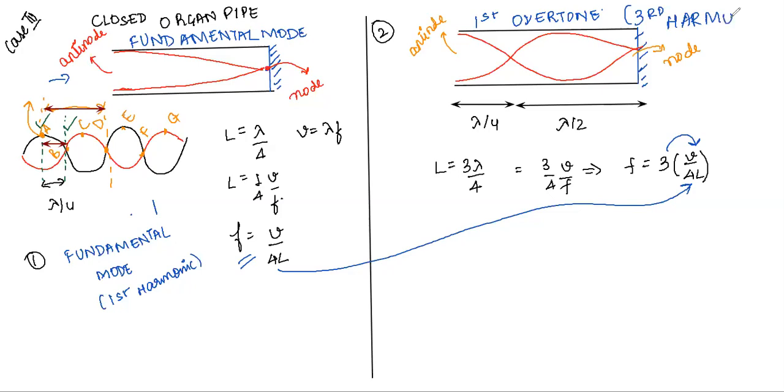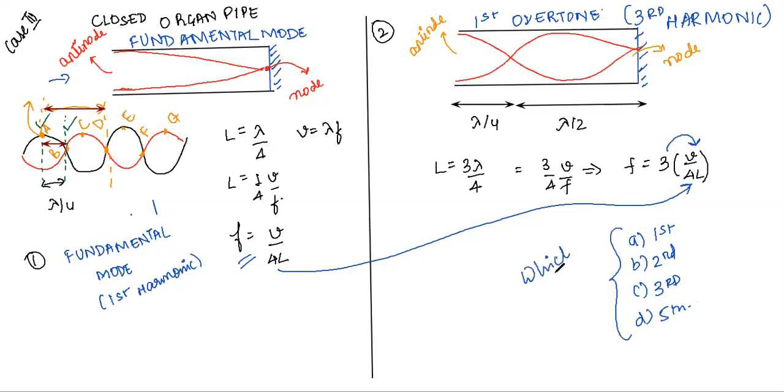Very important, right? See, if I ask you a question, which of the harmonics will not exist in case of a closed organ pipe? I give you the options: first, third, or fifth. Which harmonic will not exist? Second. Are you now clear?